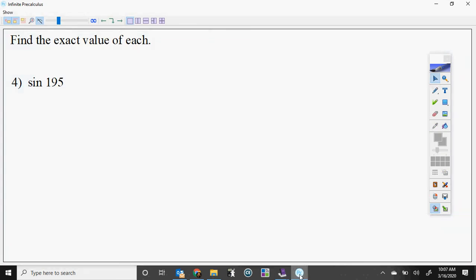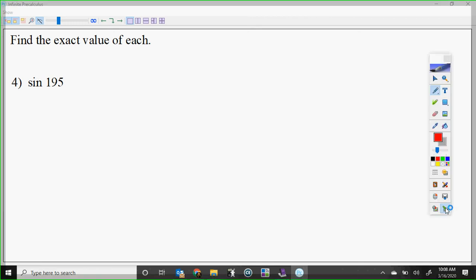So we're going to see, well, how can I use them to find exact value? Well, whenever I see exact value, that means they want me to use my unit circle. The problem is 195 is not on my unit circle. So I'm going to figure out some values that are on my unit circle that add to make 195. So let's think about this. What adds to make 195?